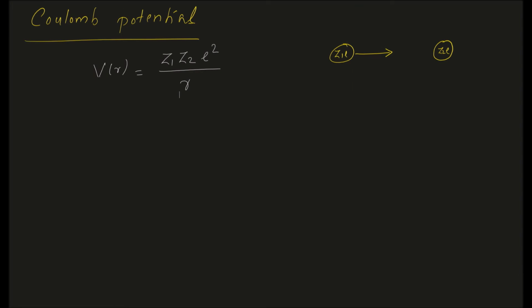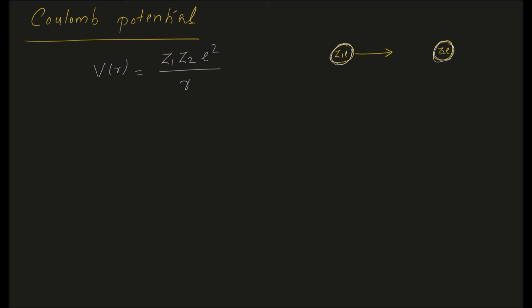The third example that we are going to consider for the scattering case is Coulomb potential scattering. So we have two particles, one particle with charge Z2e, which is our target particle, and a projectile particle having charge Z1e, which is going to interact through the potential and get scattered by one another.